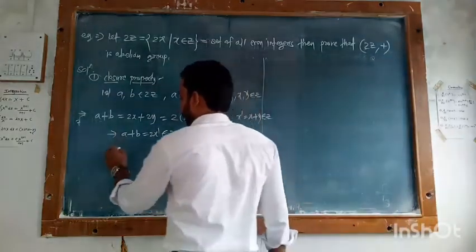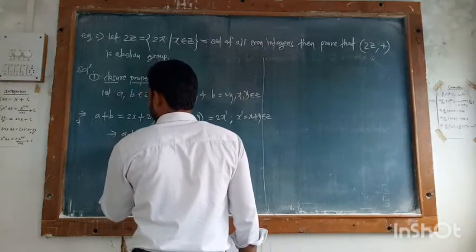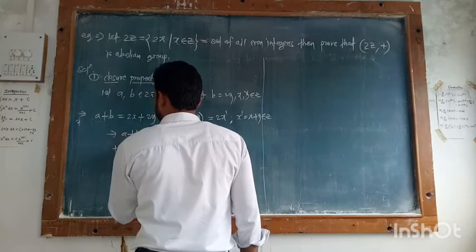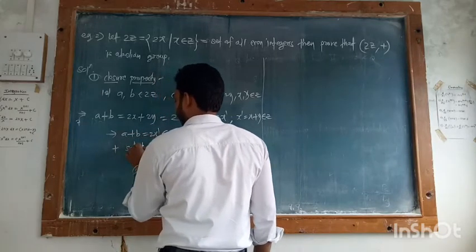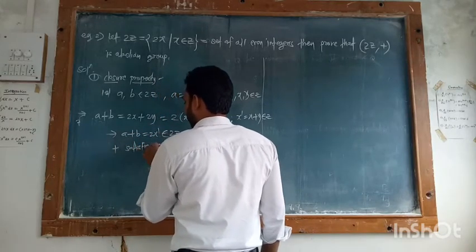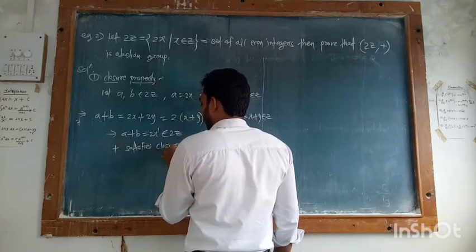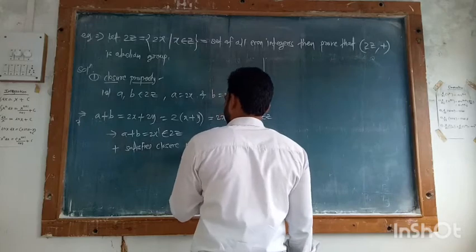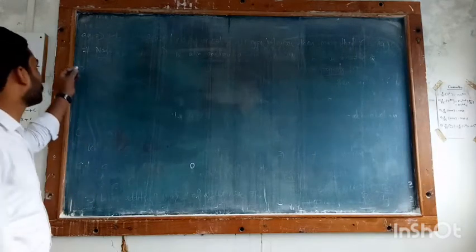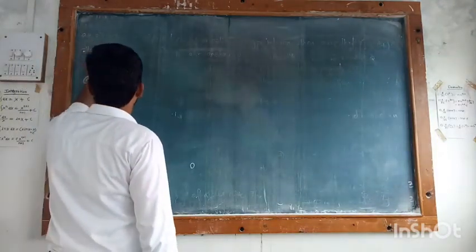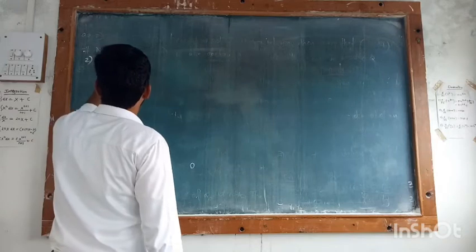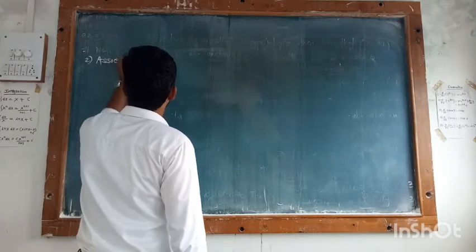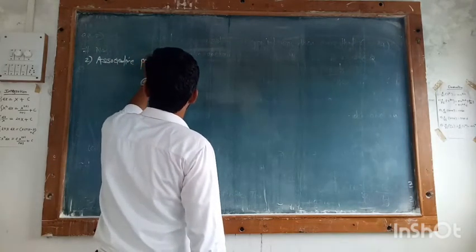Therefore addition satisfies the closure property. Now the next property, your second property, is the associative property.